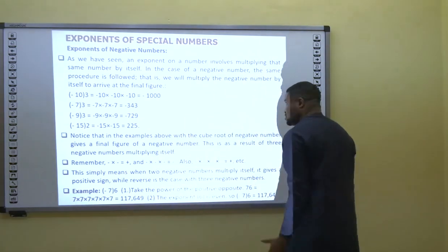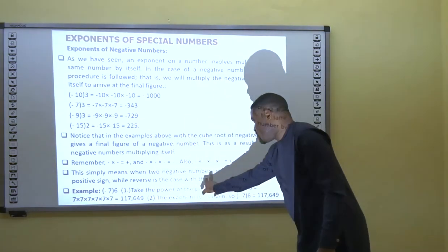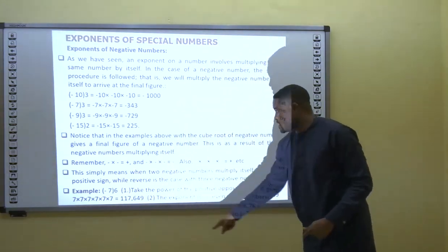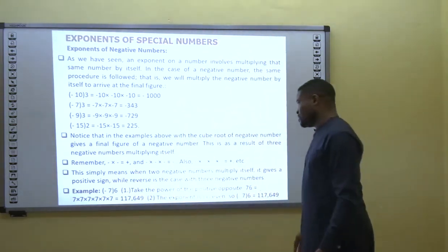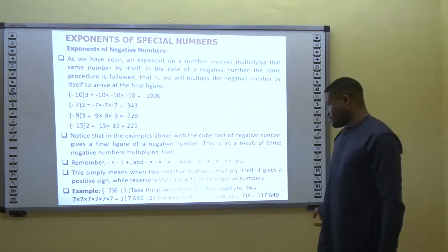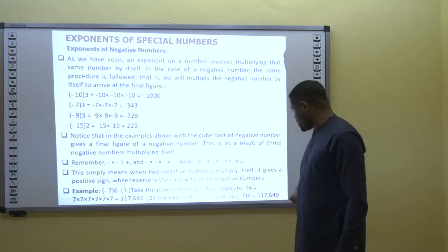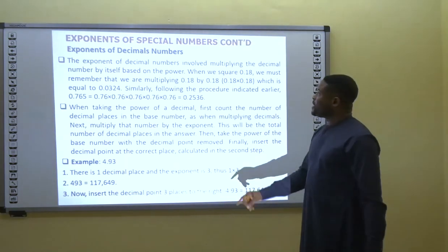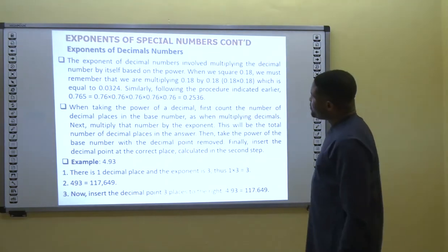That's also the same thing that you will see here. Another example is when you have minus 7 times 6 times 6, which will give you the same minus sign. The minus sign does not change as long as you have it multiplying everything in the brackets.